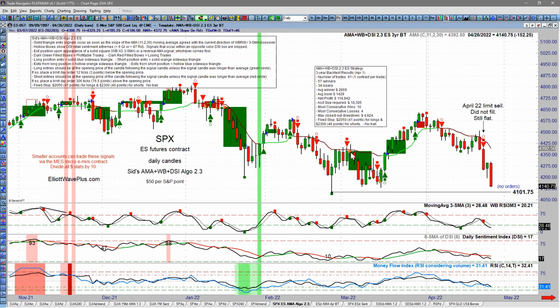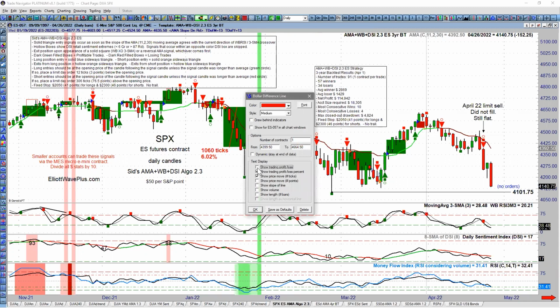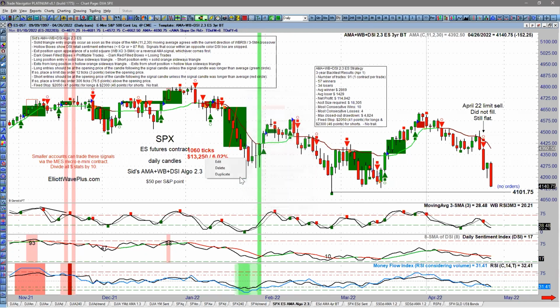This was also a winning trade here on the short side. This was a big winner on the downside. So how big are some of these winners? That one, trading one ES contract at a time, was a $13,000 winner. And you'll notice that the S&P, the ES contract, the algo and the ES contracts have been doing very well, had all the current back-tested settings been in place for the last 3 years.